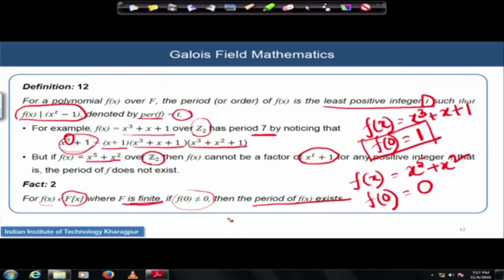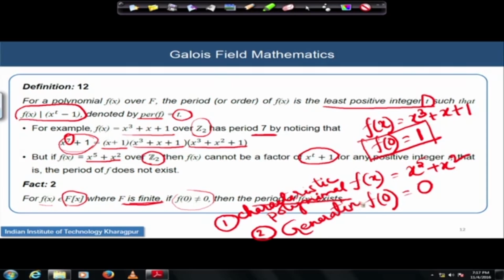And remember, with respect to the Galois field mathematics, these are the most important terms that we will be interested in, in the context of code generation. One is our characteristic polynomial, and the second one will be my generating function. The characteristic polynomial is a very critical one.